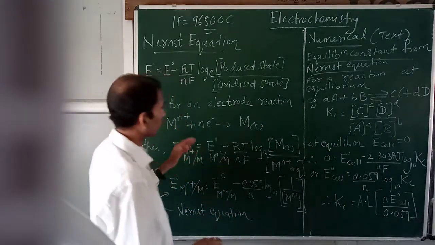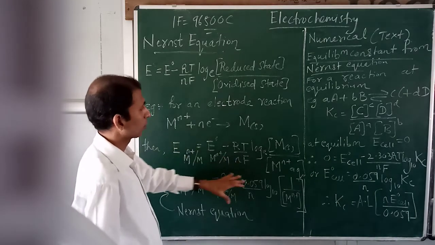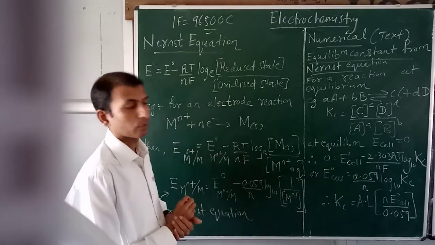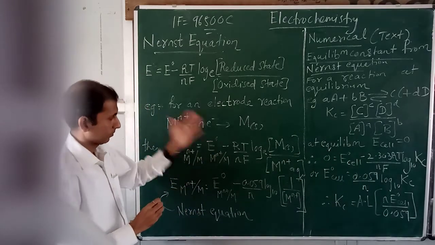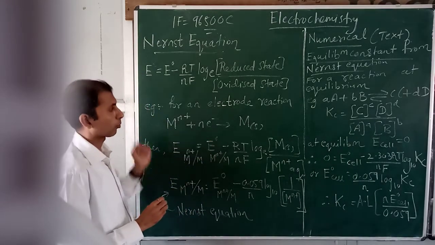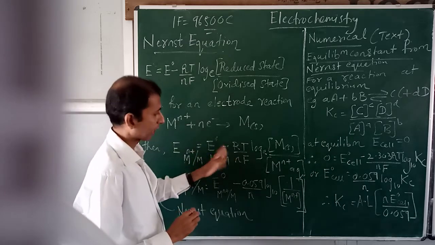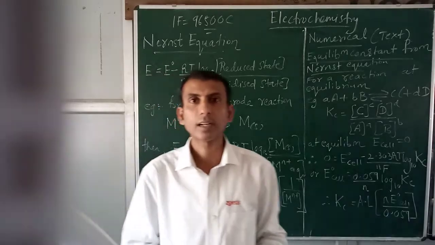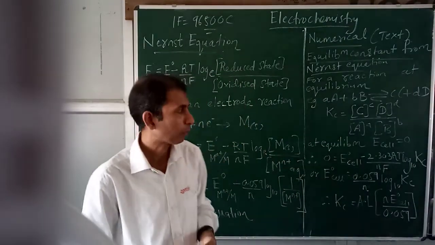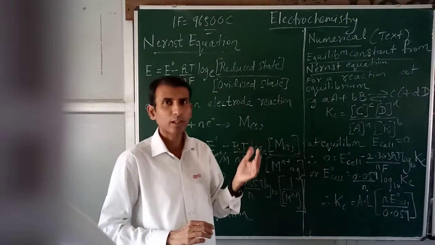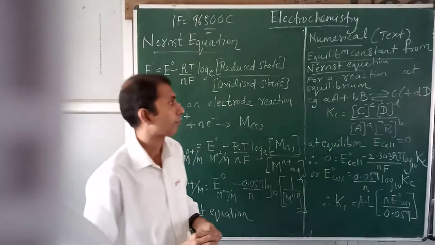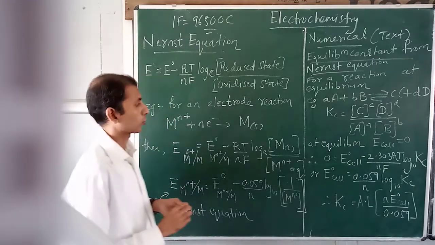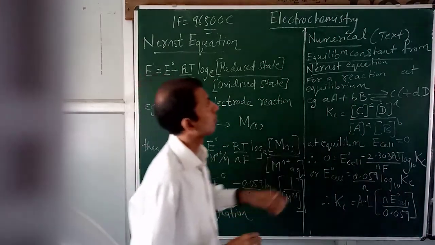After reading the question you will come to know that all the values are given, and whichever value they are asking, for example electrode potential, standard electrode potential, or number of electrons, any parameter, that numerical will explain it. Similar numericals we have already solved in our earlier lecture, so that will help you understand. If not, we can solve some more numericals.